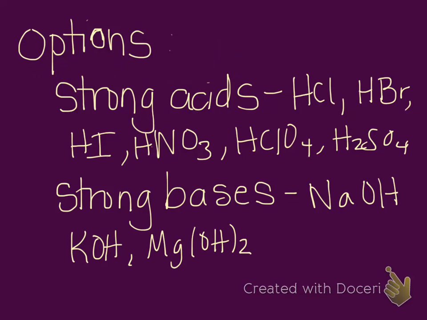So when you're looking for the strong base, the part that you're really looking for is going to be that OH. And when you look at the acids, you're going to look at the H, but just because they have a hydrogen out front does not make them a strong acid. In order to know the strong acids, you just have to have them memorized.